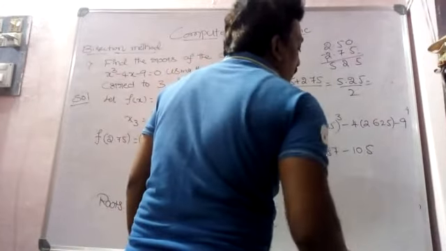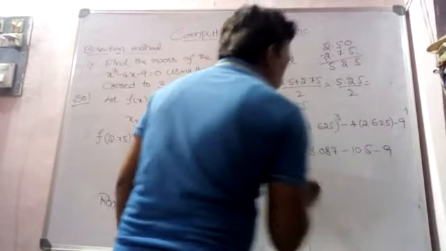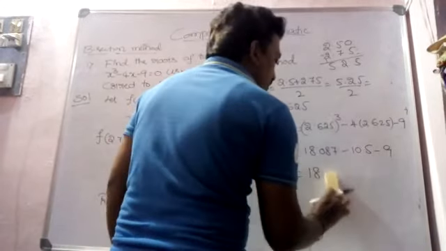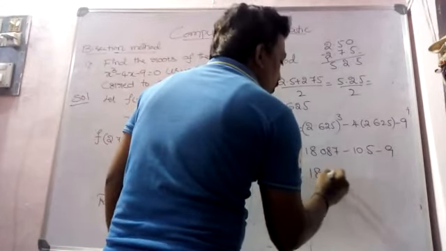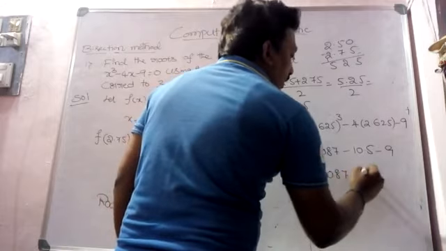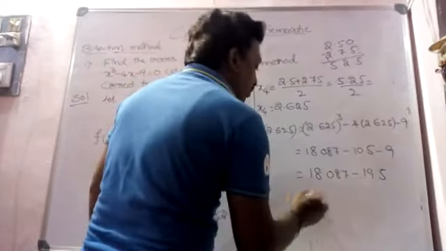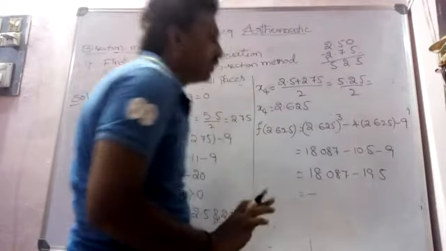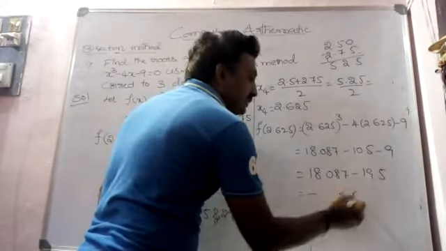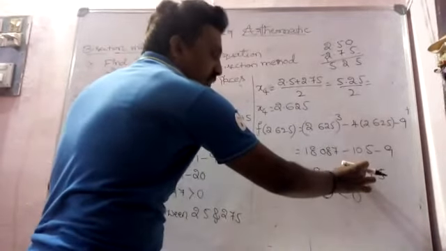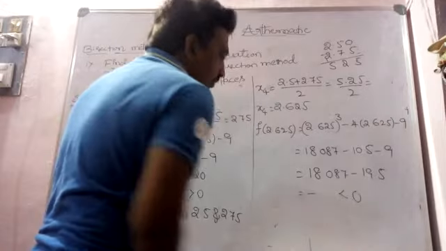10.5 minus 9. Then calculate this one. 18.087 minus 19.5. So now go to calculation. This is a negative value we get here. So it is less than 0. Negative value. So this is a big number having a negative sign. So a negative value we get.